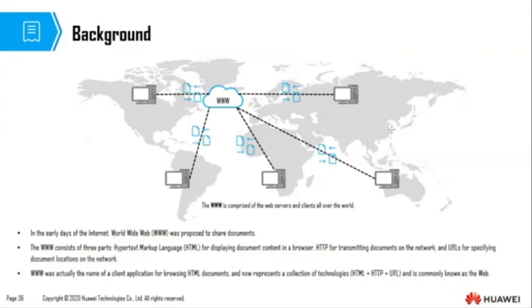Yeah, it is important that you understand how the web works, because really in managing your devices, sometimes you'll be managing them by using the web portal, rather than via telnet or via console.